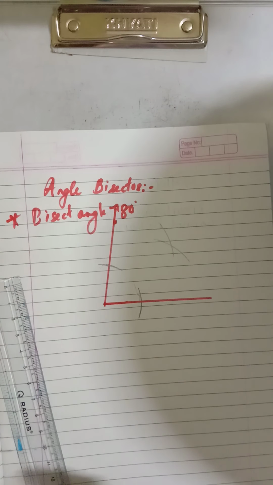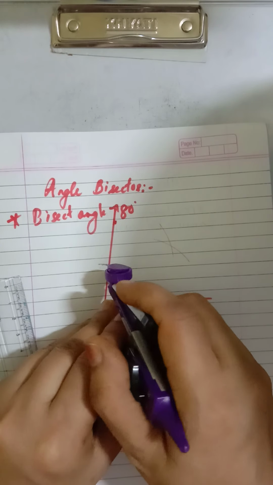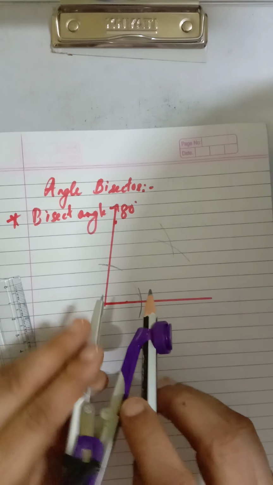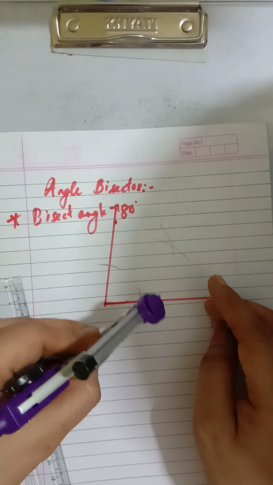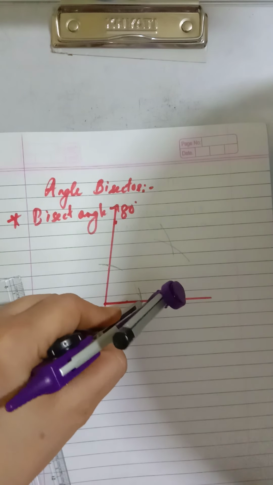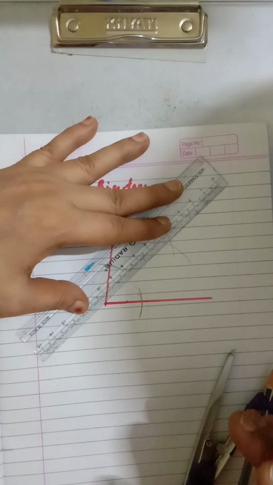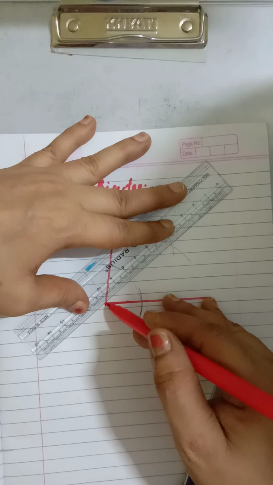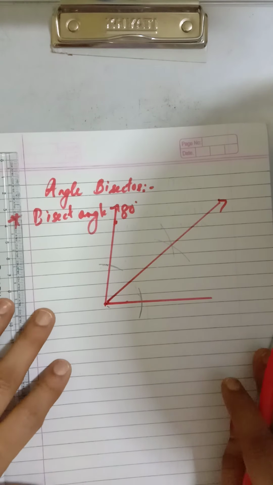So what I have done, first you are going to take convenient radius, draw 2 arcs on both the arms, and then you are keeping on the first, drawing in the center, again drawing the other arc which is intersecting it, and then you are drawing a ray passing through this.